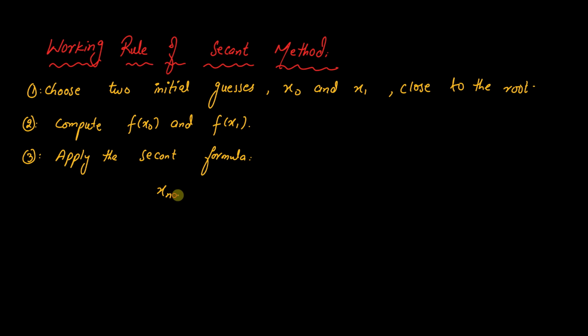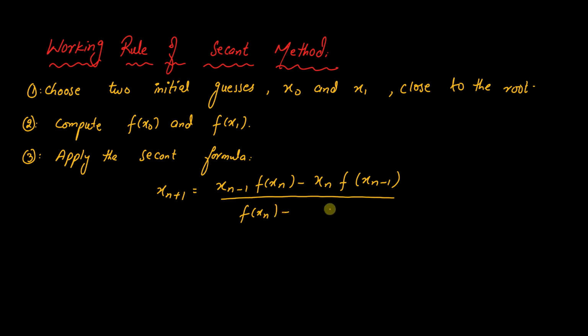We have x n plus 1 is equal to x n minus 1 times f of x n, minus x n times f of x n minus 1, divided by f of x n minus f of x n minus 1.